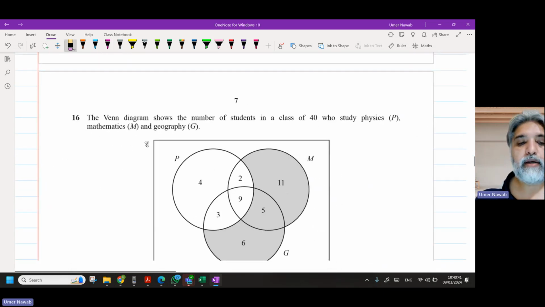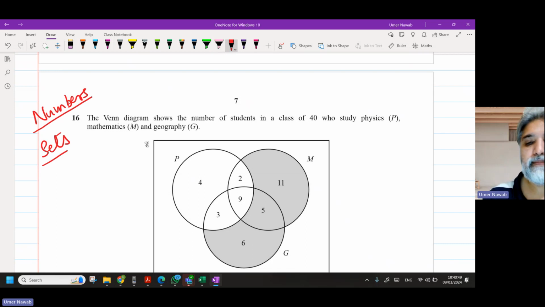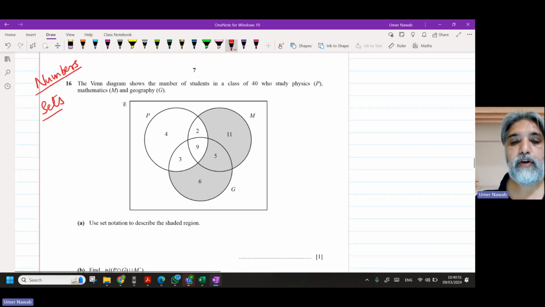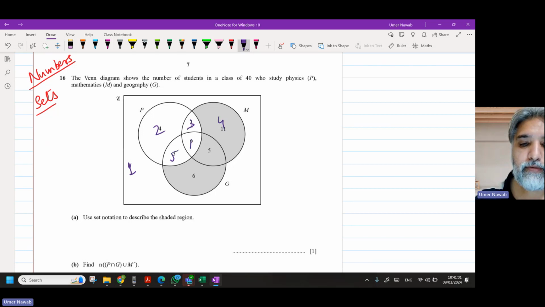Question number 16. This is on numbers, guys. The subtopic is sets. He has given you 3 sets category. And you remember 3 sets category has 8 regions: 1, 2, 3, 4, 5, 6, 7, 8.